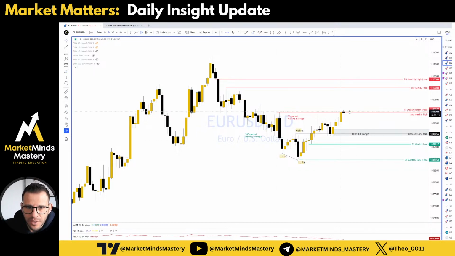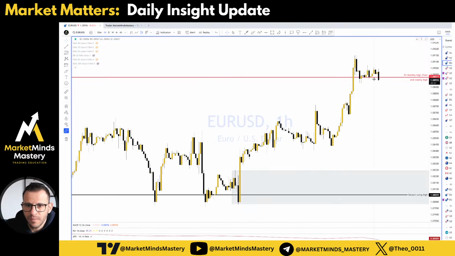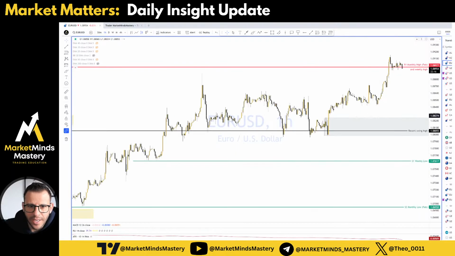Okay, so we might see some price settle at this point. So here it is from late last night until today. The price didn't really move higher.